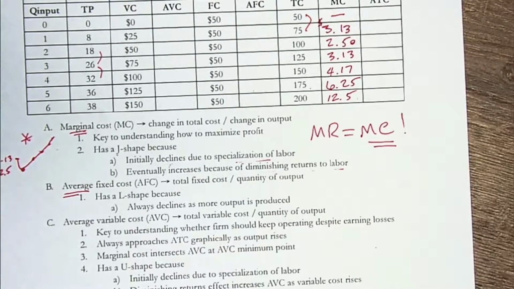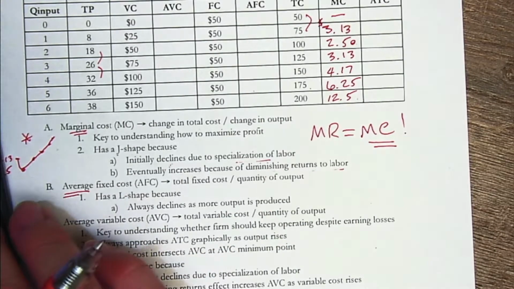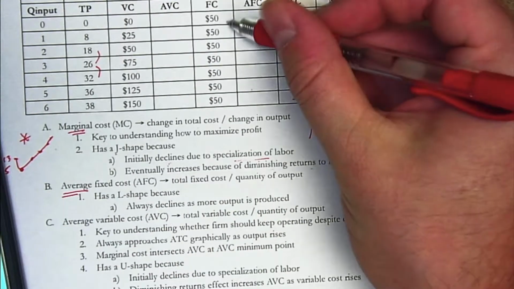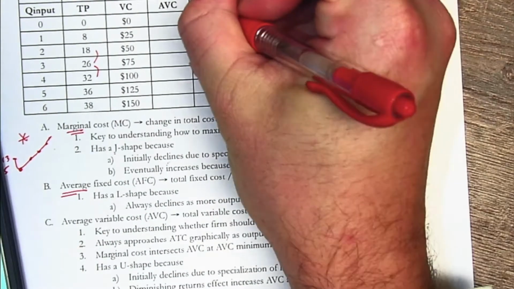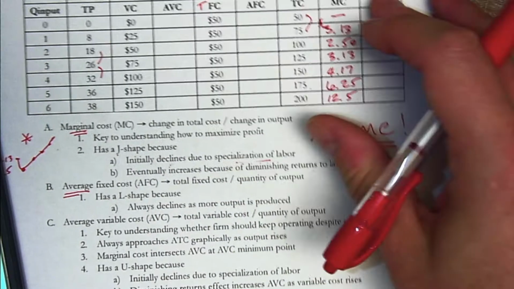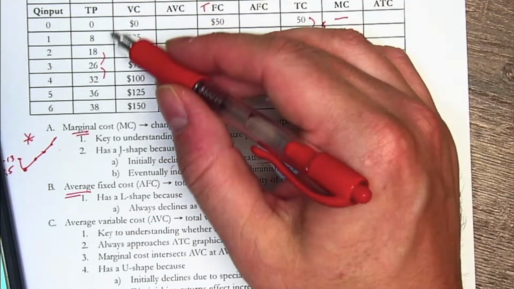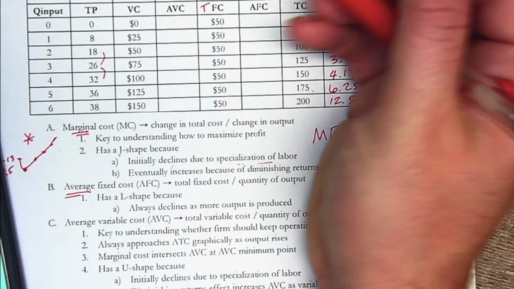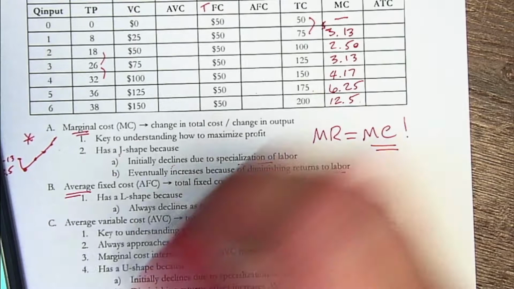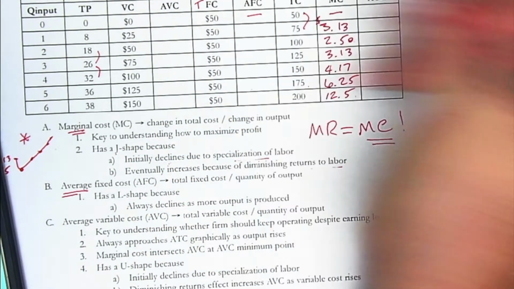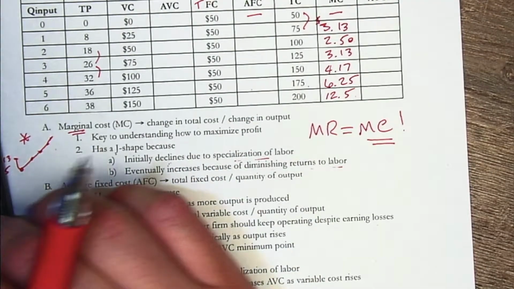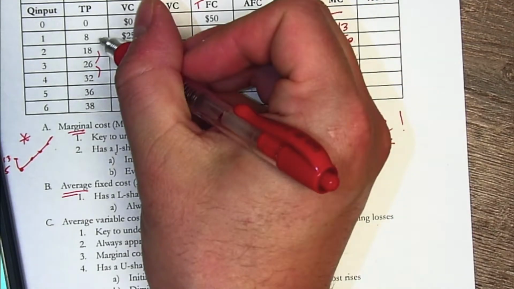So again, we're going to hand over to our trusty calculator here, and the fixed cost is going to be 50, so this is our total fixed cost, and it's $50 every time. So 50 divided by 0, right? Uh-oh, what do we get? That's an undefined value, so you don't have an average there. And then 50 divided by 8, right?